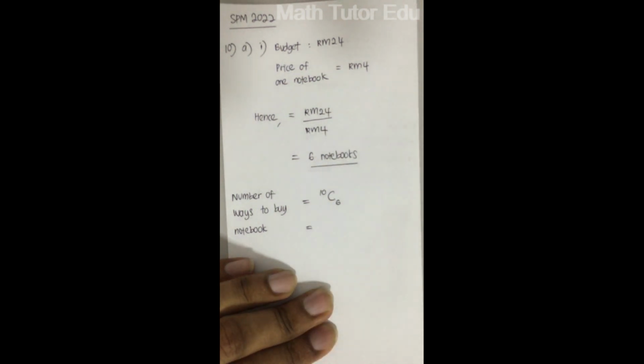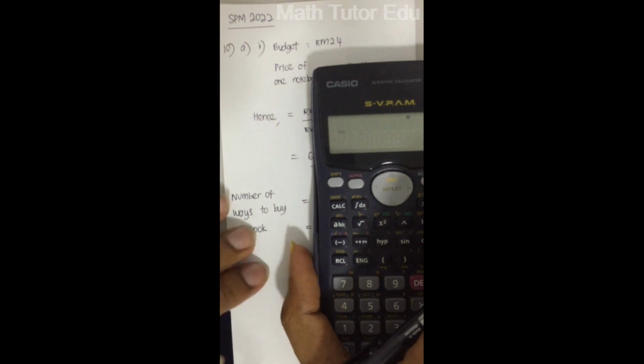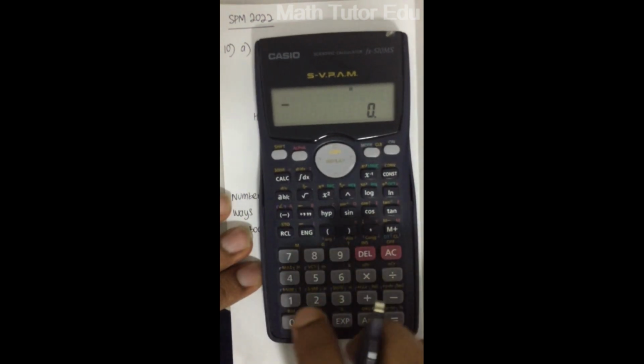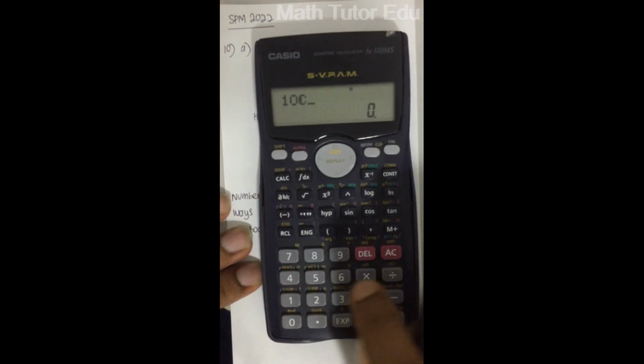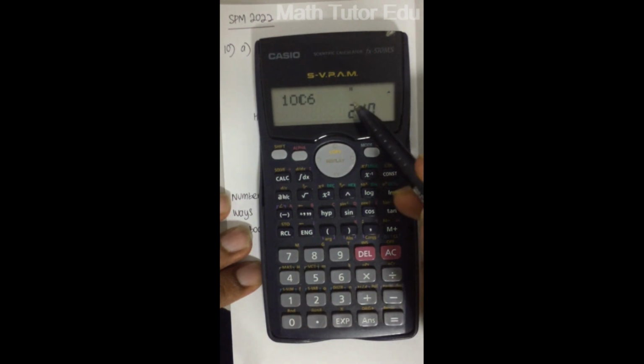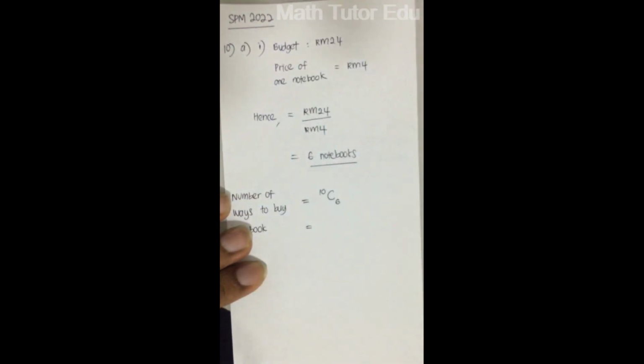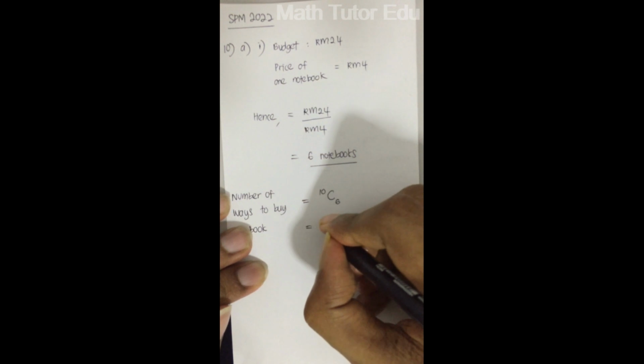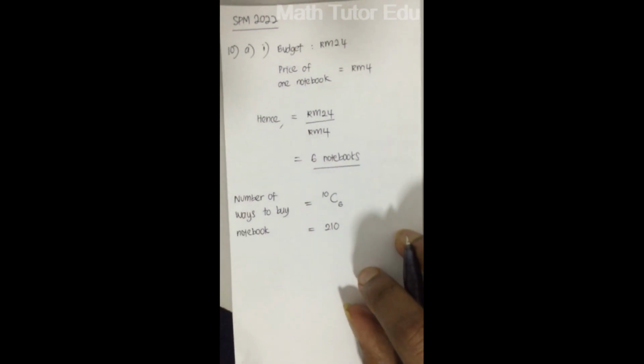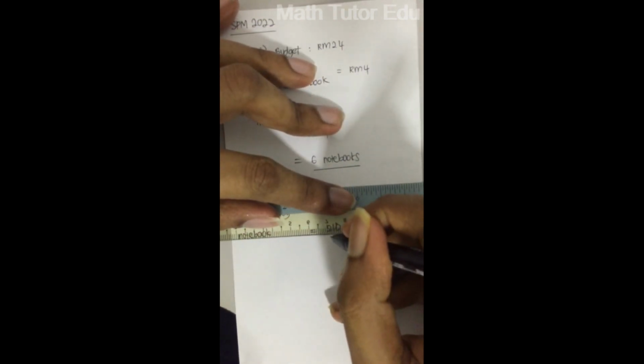Let us calculate together. Out of 10 choose 6, your answer is 210. It's very straightforward. Let me underline this.